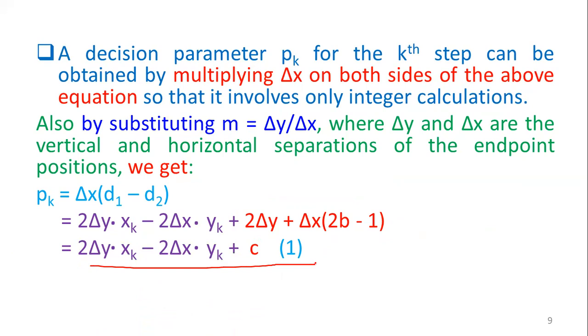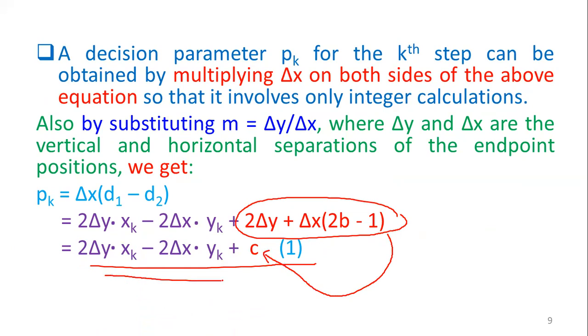So pk was delta x into d1 minus d2. Instead of d1 minus d2, we substituted the big equation, found some constant values, grouped these constants together, and wrote c instead. So the final equation for pk is 2 delta y into xk minus 2 delta x into yk plus c, where c is a constant.